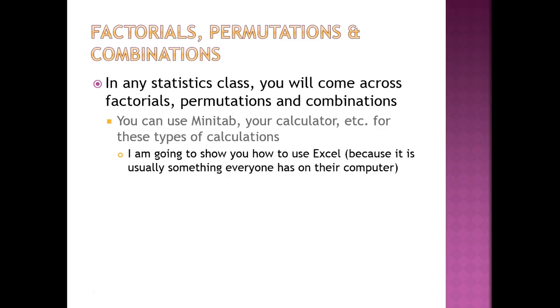In any statistics class, you'll come across factorials, permutations, and combinations. You could use Minitab if you use that in your class. You could use your calculator. For these types of calculations, though, I'm going to show you how to use Excel because it is usually something everyone has on their computer.